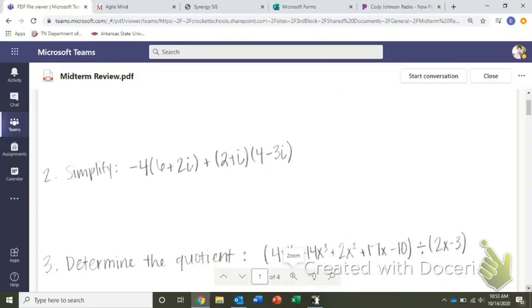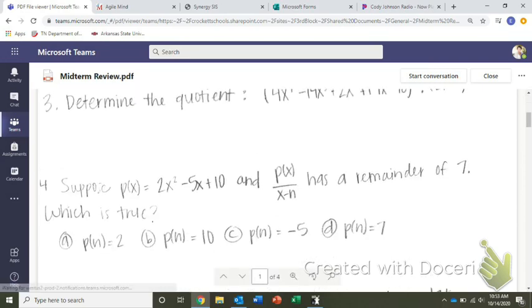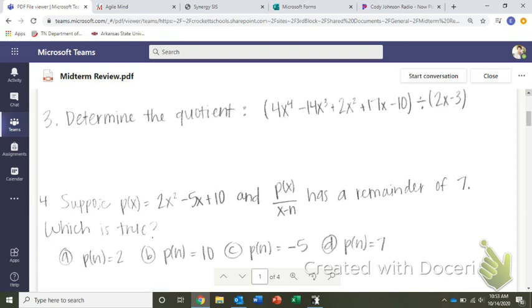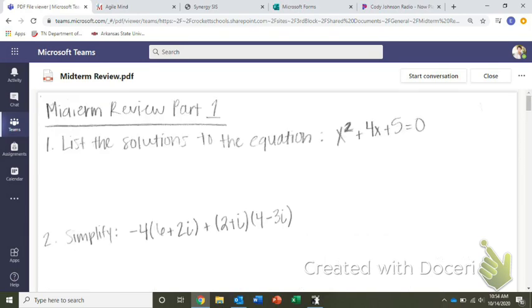All right, number 2, it says to simplify. First, I'm distributing this negative 4 to both terms, and I have negative 24 minus 8i. Okay.